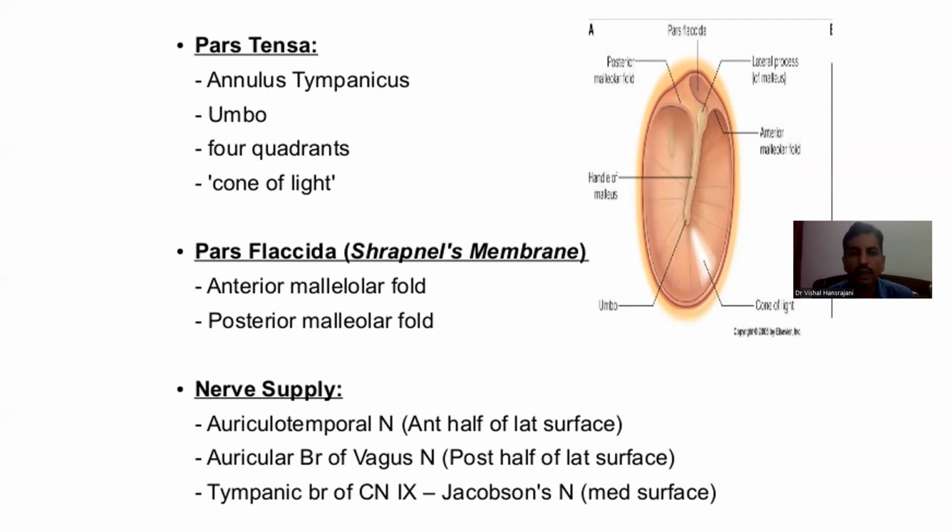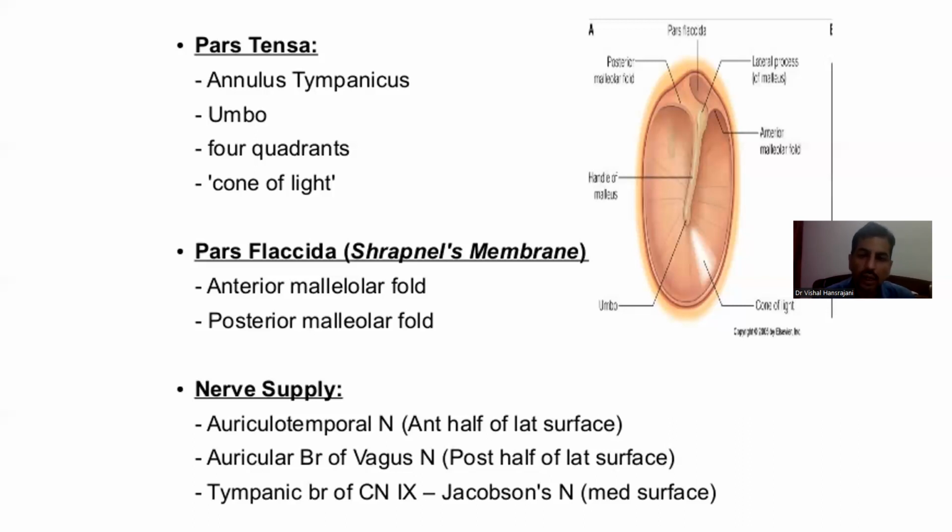It can be divided into four quadrants. If from the umbo we put a vertical as well as a horizontal line, it divides the pars tensa into four quadrants: the anterior superior, anterior inferior, posterior superior, and posterior inferior quadrant.